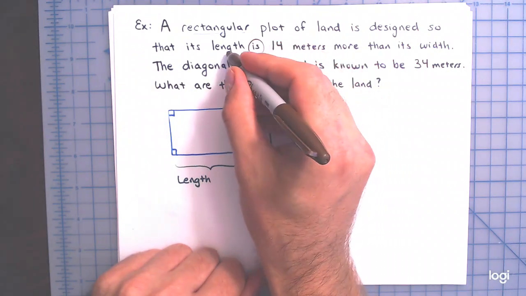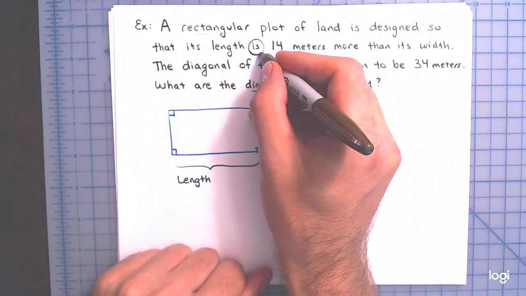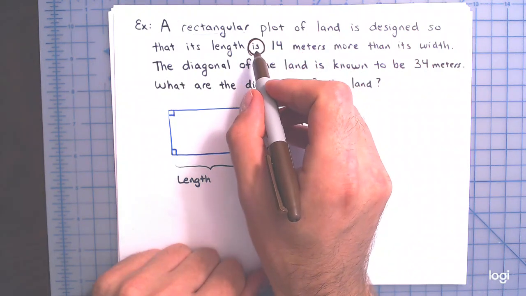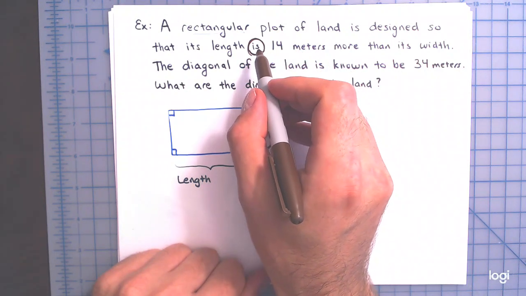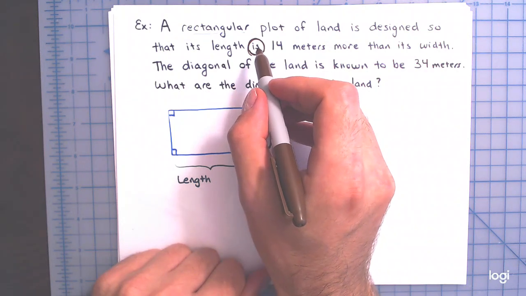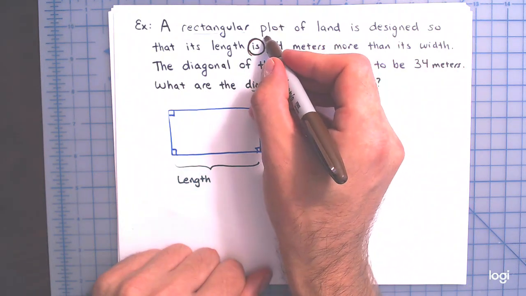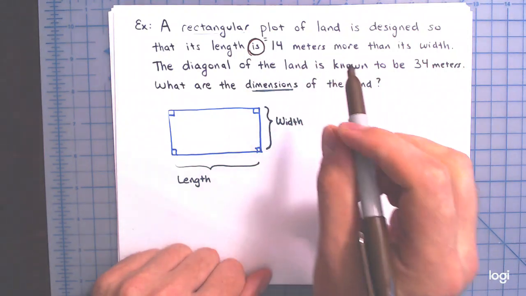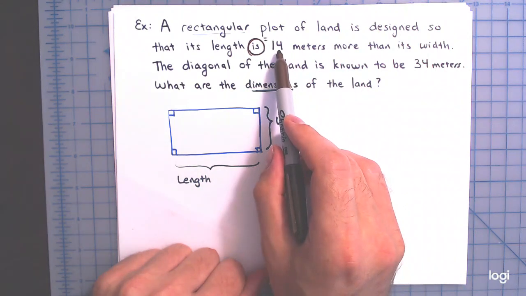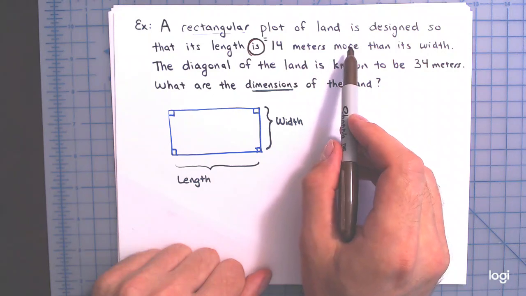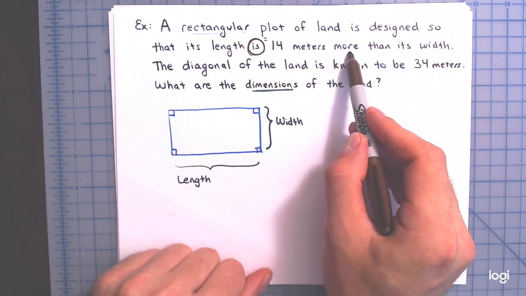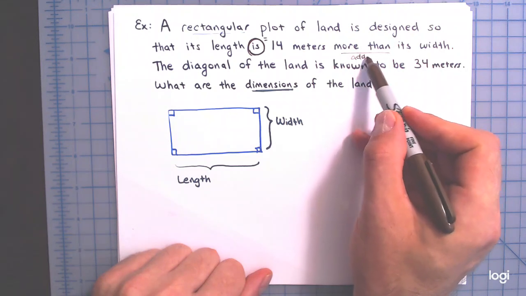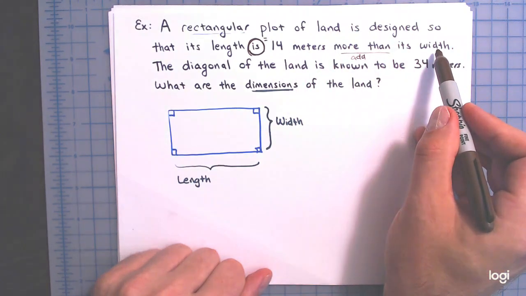Remember, length is, I'm going to call length something. Usually when you see is or are or was or were, some form of the verb to be, it usually implies there's an equation going on, an equals. And then look at this other side, 14 meters more than its width. More than, implying that I'm adding 14 meters to the width.